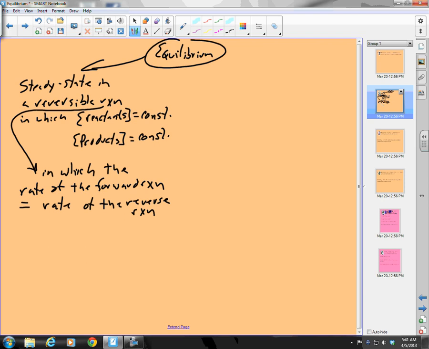And we said that we had something called an equilibrium constant, right? And we call that a KEQ. Some people call it a KC, but an equilibrium constant.